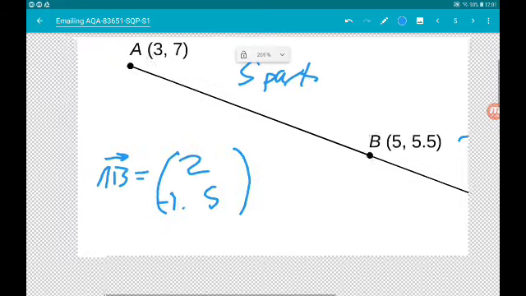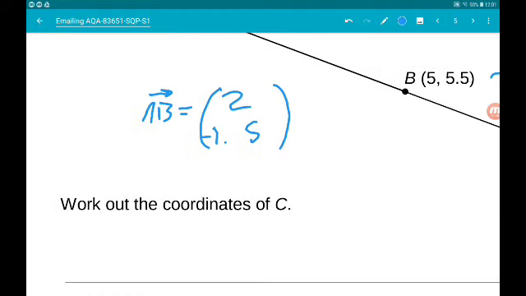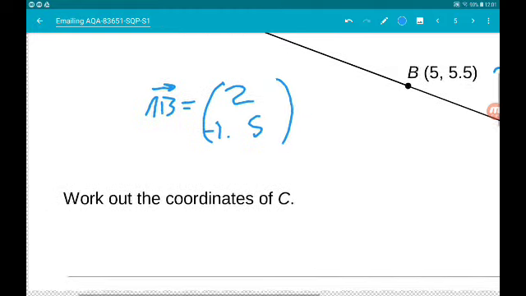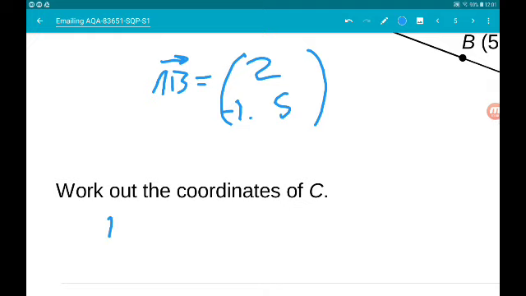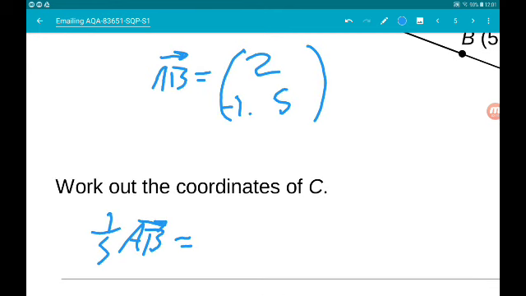Now, if we work out 1/5 of AB, we can work out what one part of this line is. So 1/5 of AB is 2 divided by 5, which is 0.4, and then minus 1.5 divided by 5 is minus 0.3.